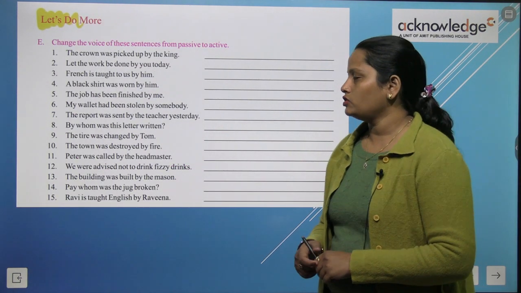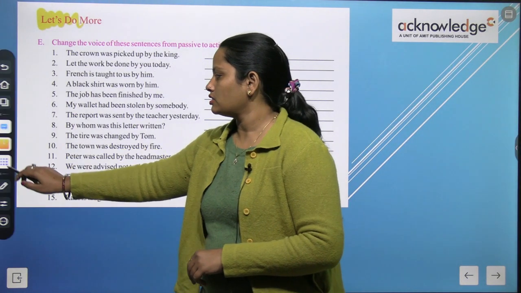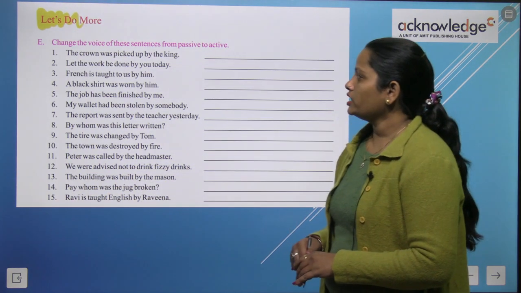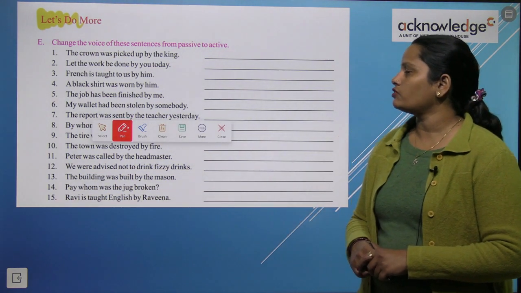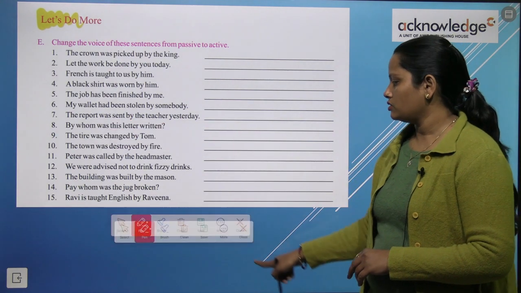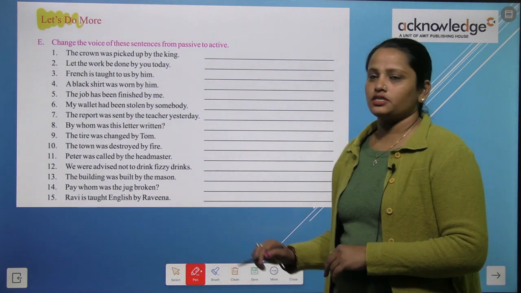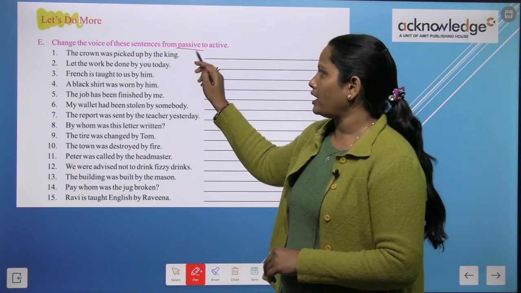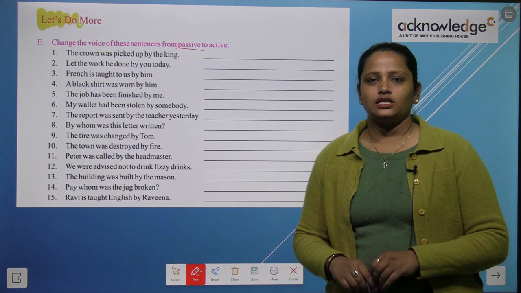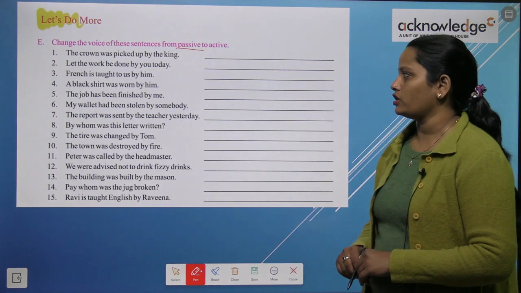Now let's come to E exercise. Change the verb of these sentences from passive to active. So children, here these sentences are given in the passive voice and we have to change them into the active voice.